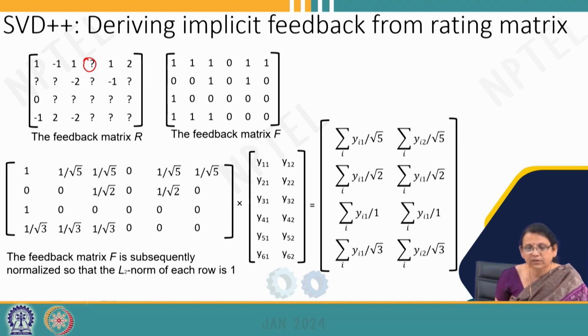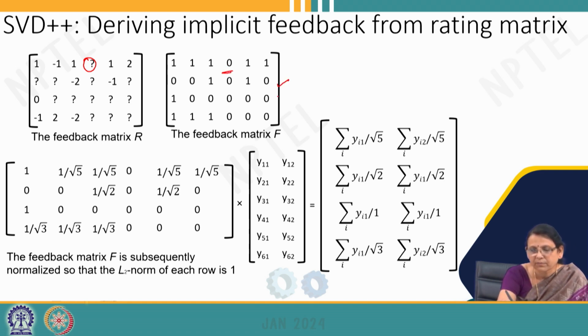The concept behind this feedback matrix F goes like this: if the user has given some rating, then let it be 1, as at least he has considered giving a rating, and if the rating is not available, then make it 0. So here it is 1, here it is 1, here it is 1, here it is 1, here it is 1, only this place rating was not available. So, we make it 0.